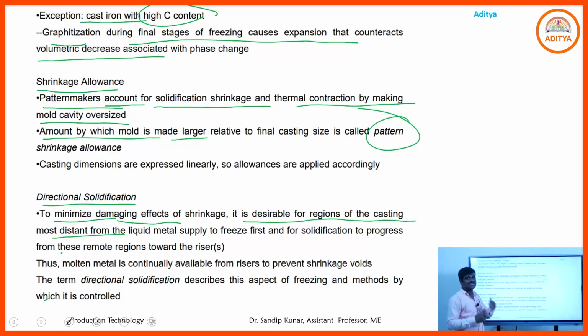If freezing started in the riser first, the liquid metal from the riser could not come to the mold cavity. So first freezing starts in the mold cavity. It does not start in the riser.